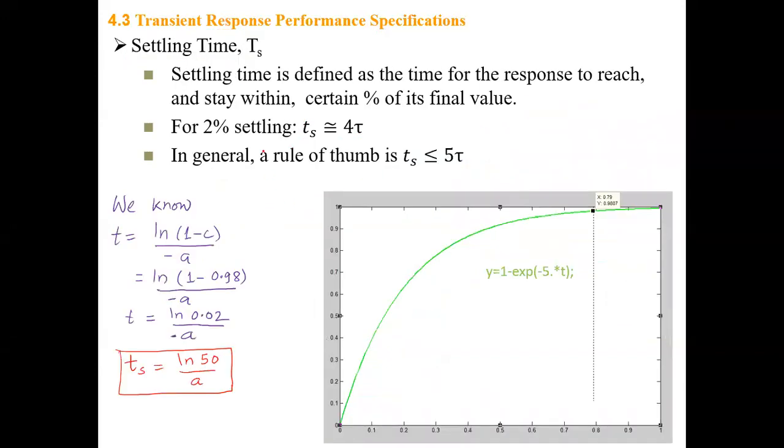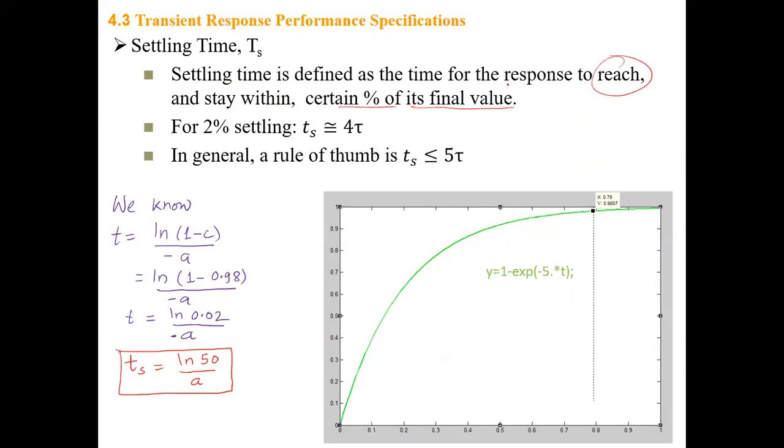Similarly, the next thing we'll talk about is the settling time, TS. So we have tau, we have TR, and now TS. This is the rise time, this is the time constant, this is the settling time. Settling time is defined as the time for the response to reach and stay within a certain percentage of the final value.